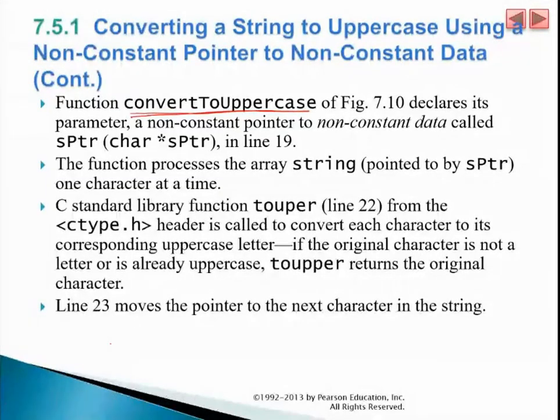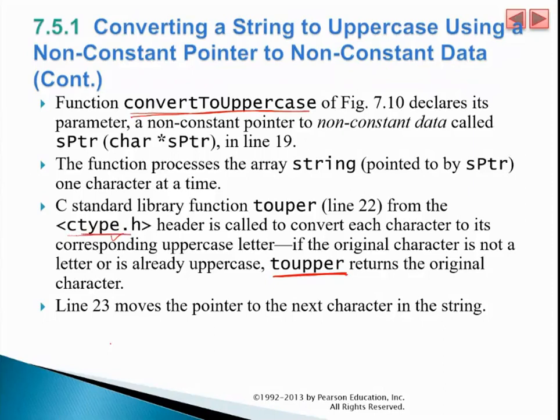So we declare it as non-constant pointer to non-constant data. Now the function processes the array string one character at a time, and we will make use of this function toupper. I don't know whether it is double P or a single P. Yeah, it is actually a double P. So toupper is a function which is defined in the ctype.h library.